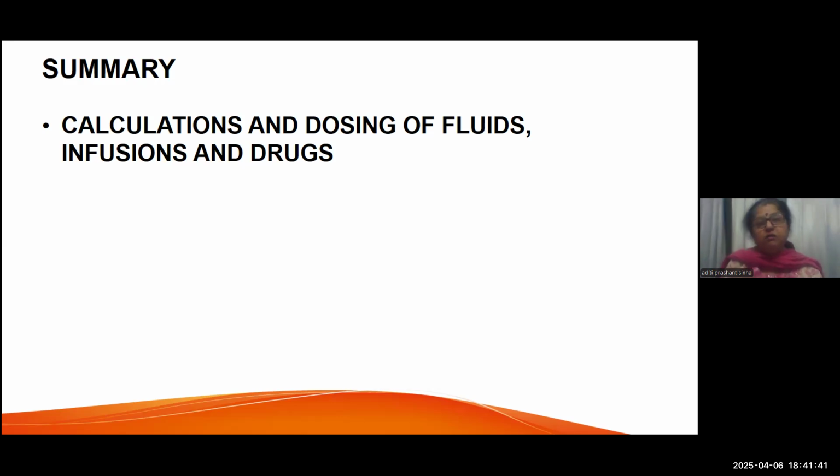With this, I think I have tried my best to make you clear about these calculations. And it's my humble request to all of you, you can recheck this information and do it with various examples. Once we do it, we'll always remember. And make sure that you apply this in your clinical practice.